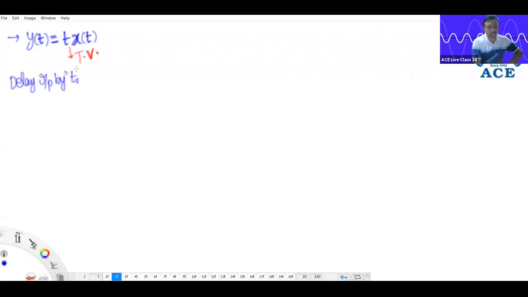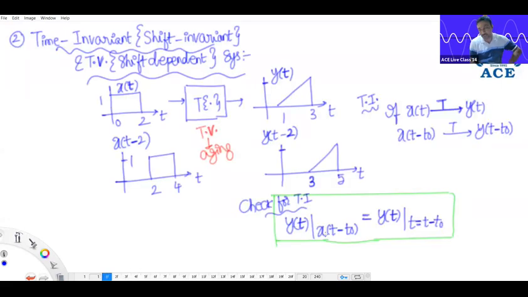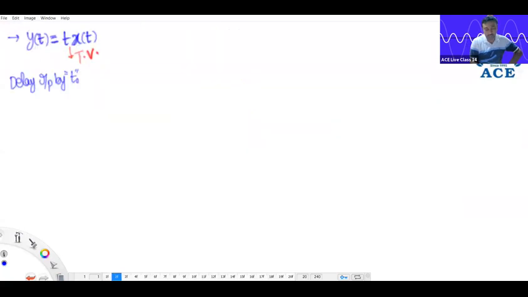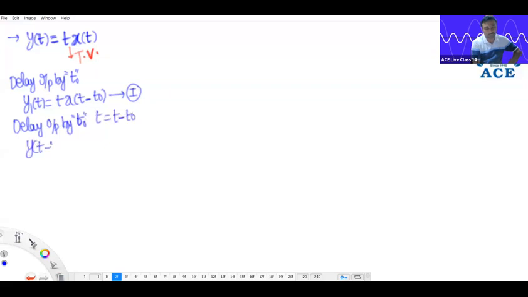Let us verify mathematically what I said. Output due to shifted input must be equal to the directly shifted output. If you delay the input by t naught, the answer is t into x of t minus t naught. But if you delay the output by t naught, the entire system expression t is replaced by t minus t naught.